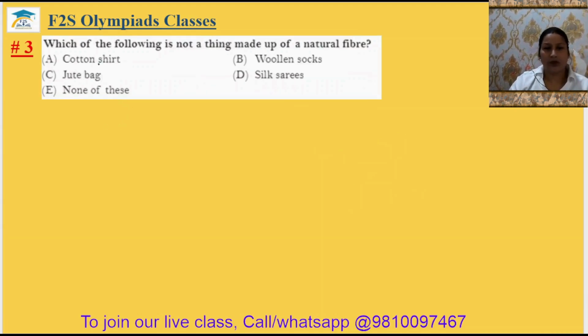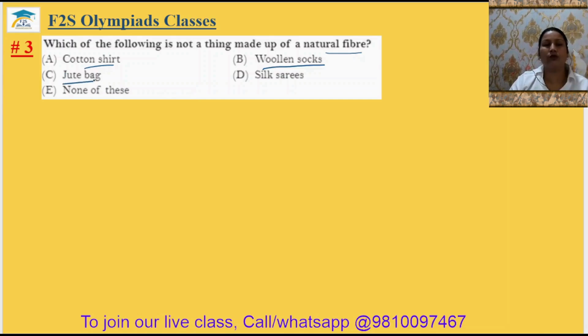Question number 3. Which of the following is not a thing made up of natural fiber? A cotton shirt is made up of natural fiber, because we obtain cotton from plants, and plant fiber is natural fiber. Woolen socks are made with wool, and we obtain wool from sheep or other animals, so woolen socks are also natural fiber.